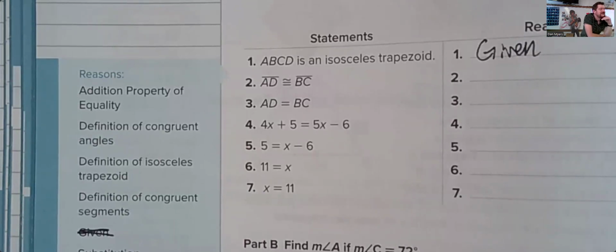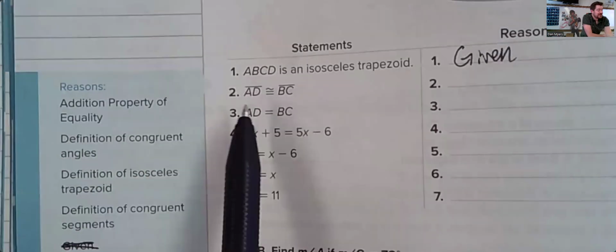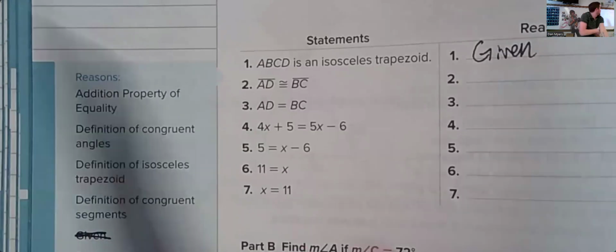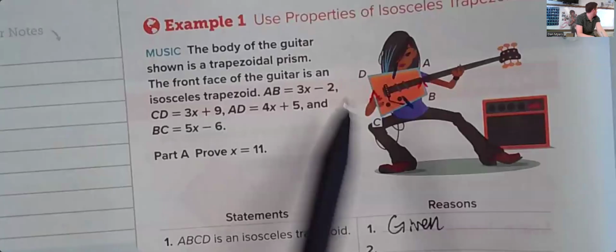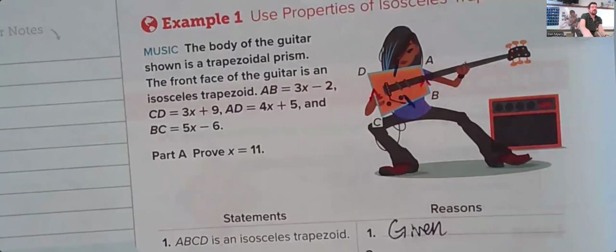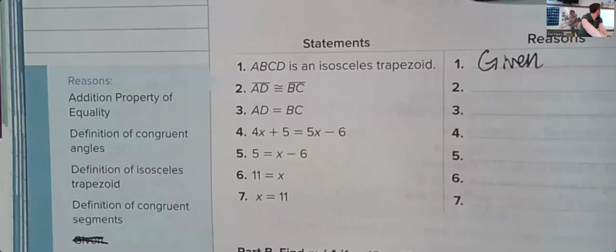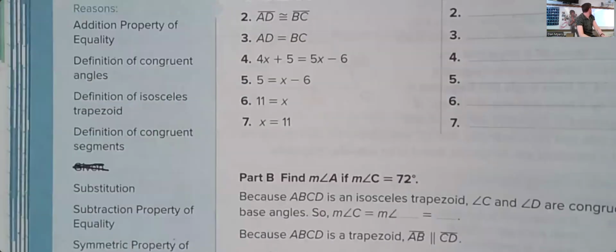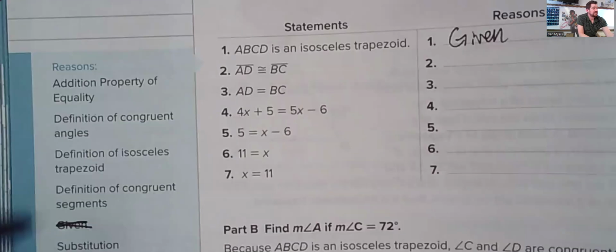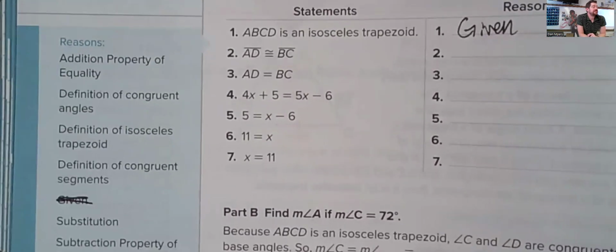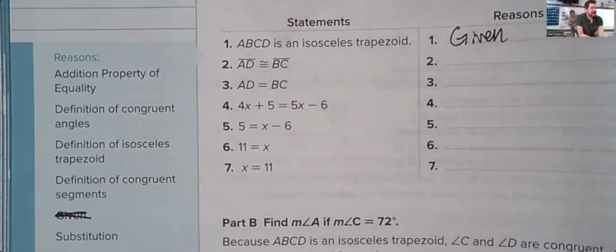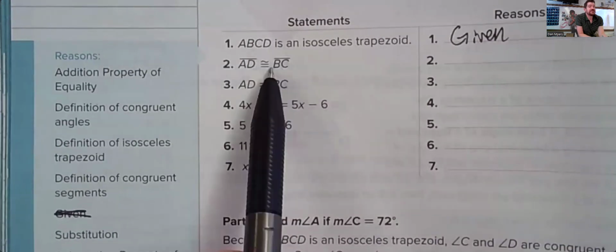All right. So we know it's an isosceles trapezoid. That's given. From the left here, why are we allowed to say that AD and BC are the same? Look over on the left. What over here could we use to say that the legs are congruent?